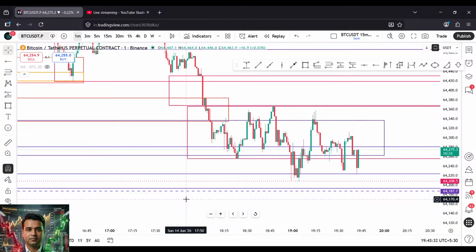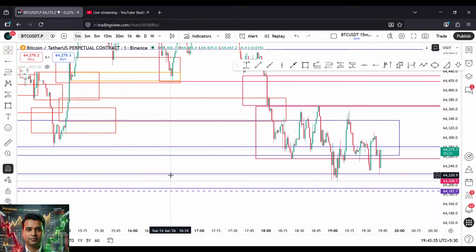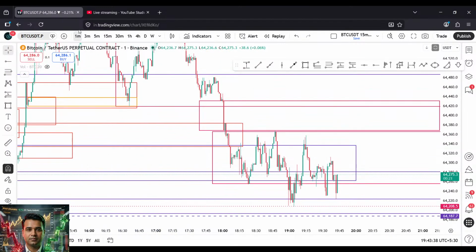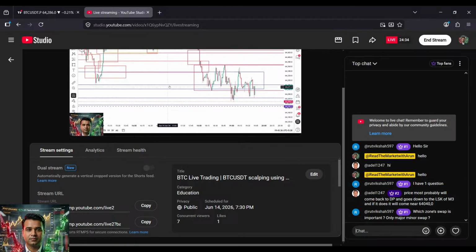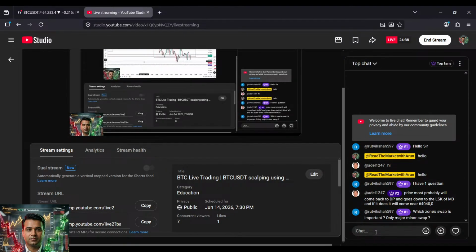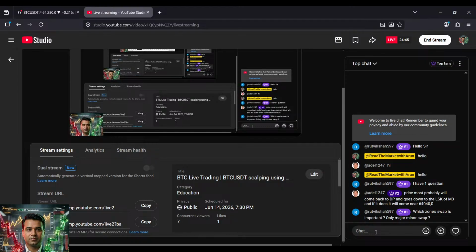So now we are in a waiting zone. Which zone swap is important?